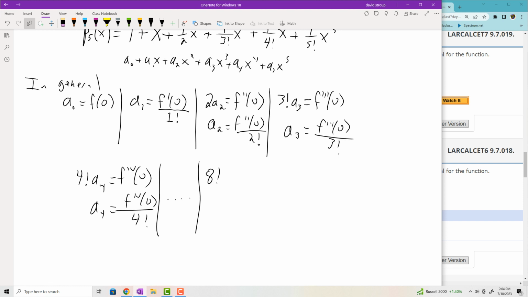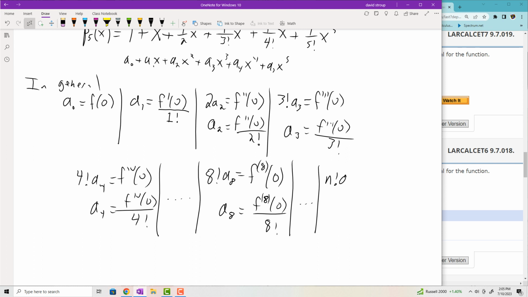So it would be 8 factorial times a sub 8 equals the 8th derivative evaluated at 0. So a sub 8 would be the 8th derivative evaluated at 0 all over 8 factorial. And then we could say n factorial in general: a sub n equals the nth derivative evaluated at 0, so a sub n is going to be the nth derivative evaluated at 0 all over n factorial.